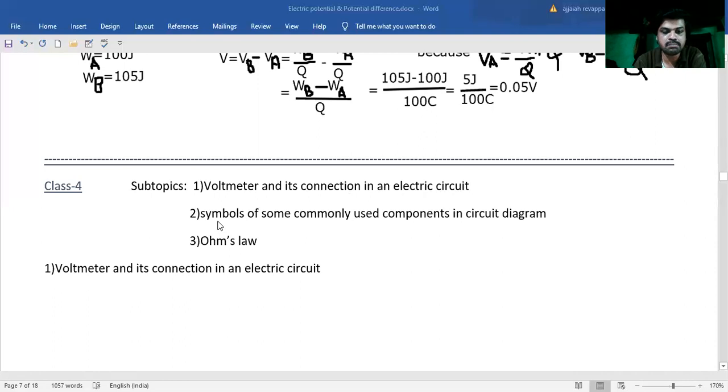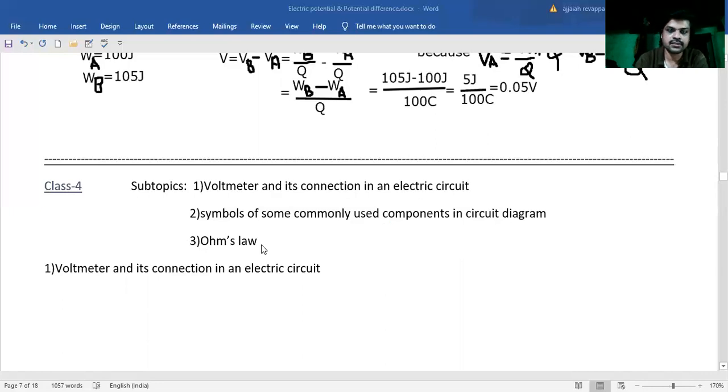The second thing is symbols of some commonly used components in circuit diagrams. Most of the components you have already seen in circuit diagrams. Few more are there, so we are going to study those symbols. Then Ohm's law, a very important law.